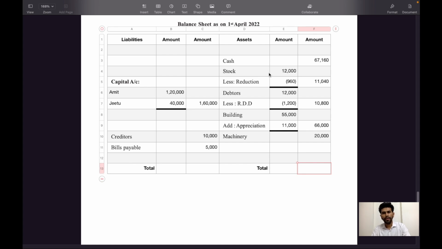Now we will calculate the total of assets and liability side. 1,75,000 rupees is the total of assets and 1,75,000 rupees total of liability side.